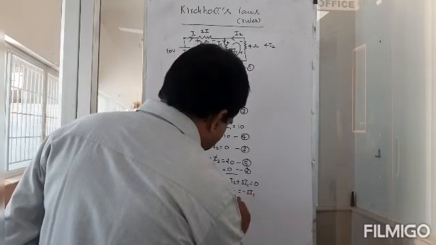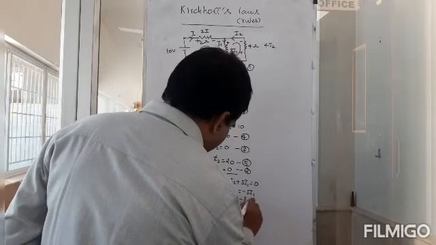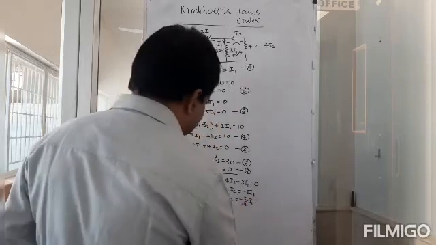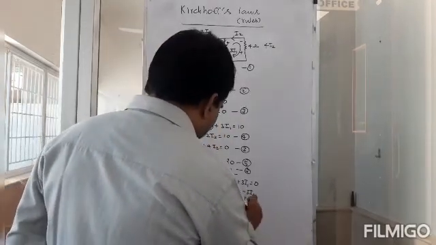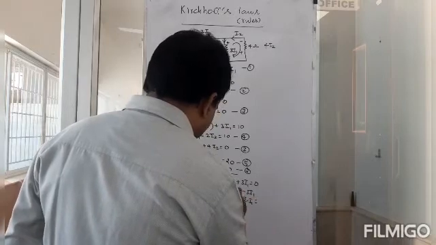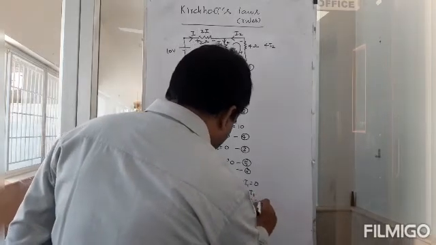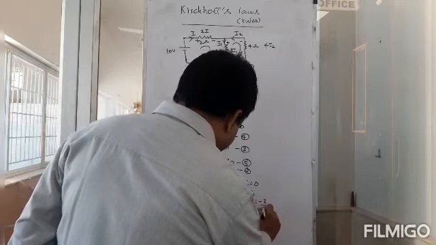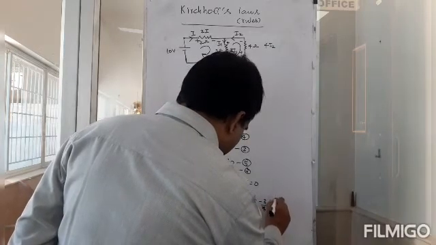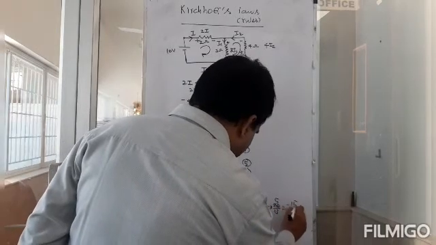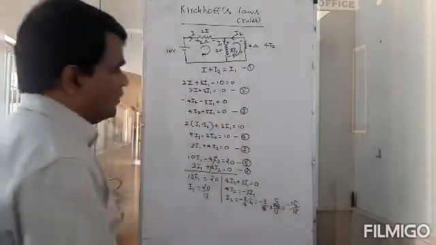So i2 is equal to minus 3 by 4 i1. So that is going to be equal to minus 3 by 4 into 20 by 13. So 5, so minus 15 by 13.